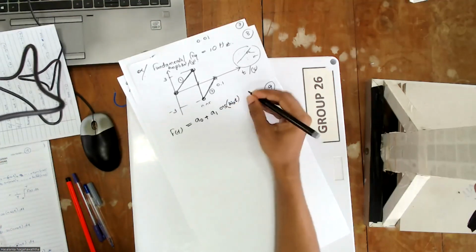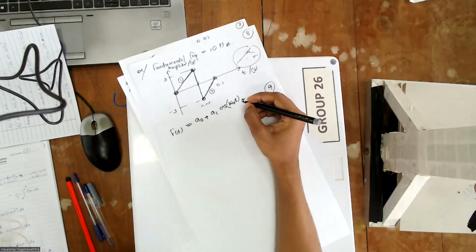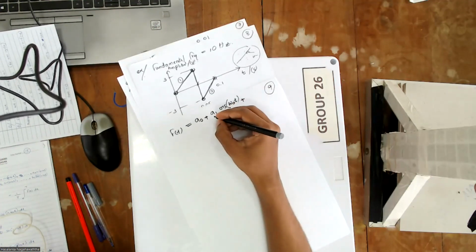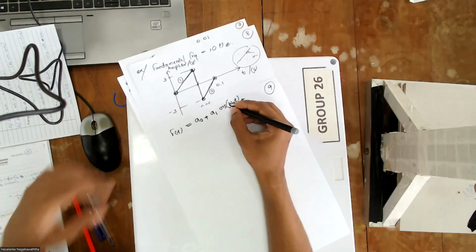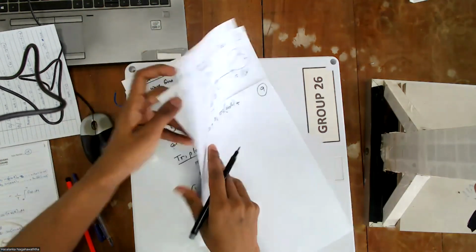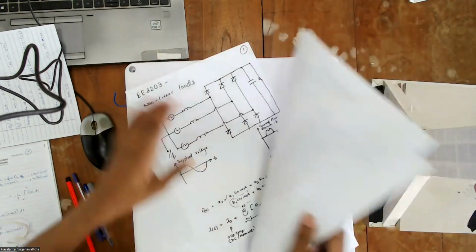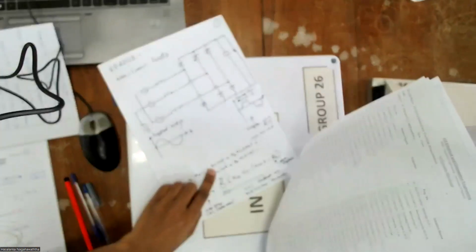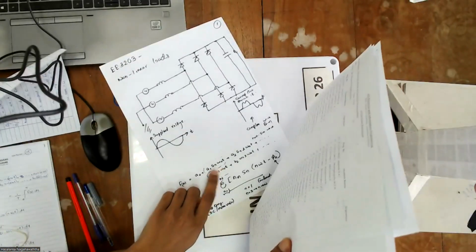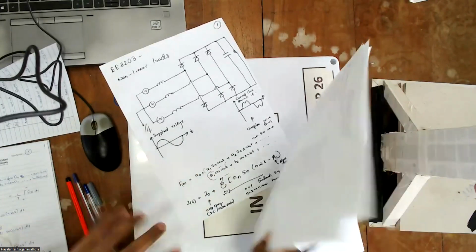In previous equations I think I made a mistake, I denoted it as A1 sin, but here it is A1 cos. No matter.